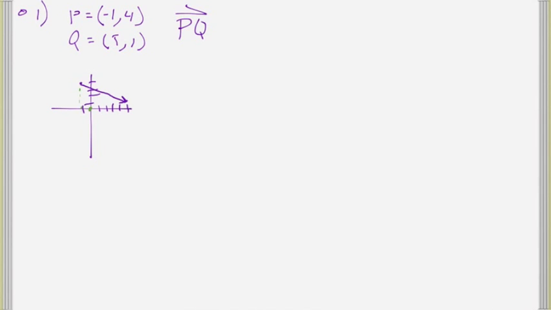So it has the same magnitude and direction, and that final point would be our component, which is (6, -3). To write that in terms of i and j, we would say it's 6i minus 3j.